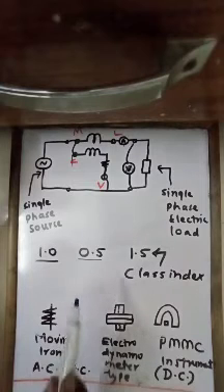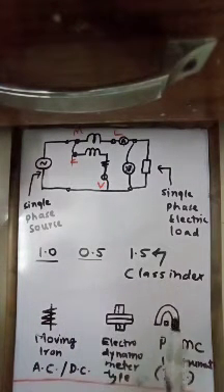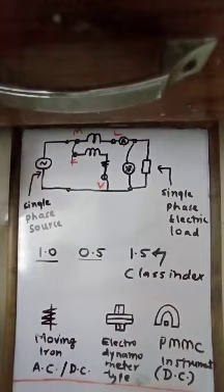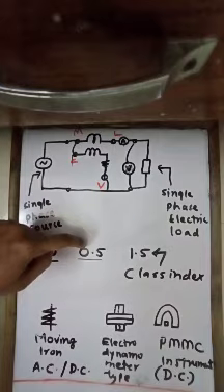So as this index keeps on increasing, 0.5, then 1, then 1.5, or 2, that much percentage of error can exist anywhere. It means the higher the class index, the lesser the accuracy. A 0.5 class index instrument will have higher accuracy.